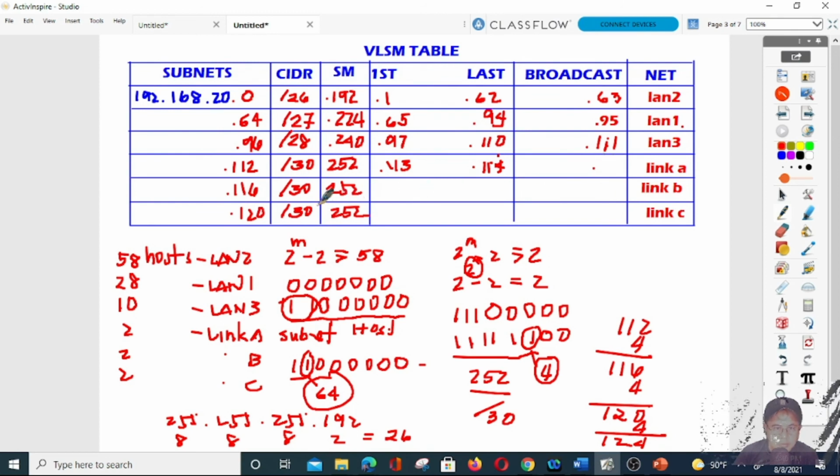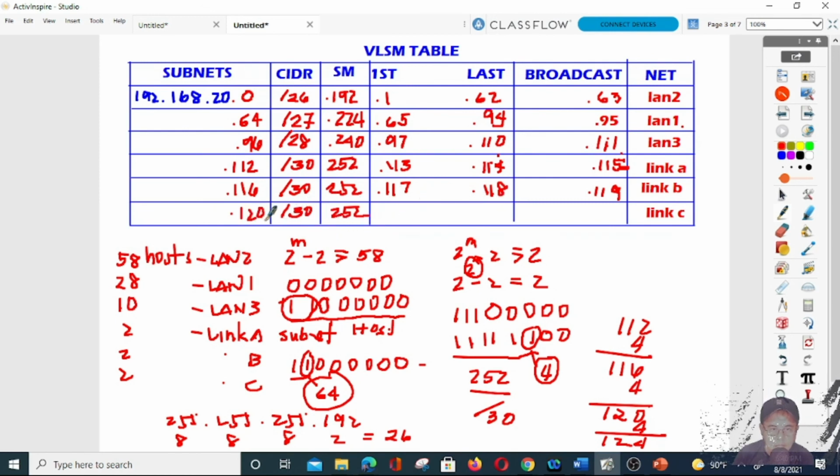Before 116, this is 115. Okay. And then our next link, link B, in this range, 116, this is 117, and then 118. And then the broadcast is 119, because the next subnet is 120.